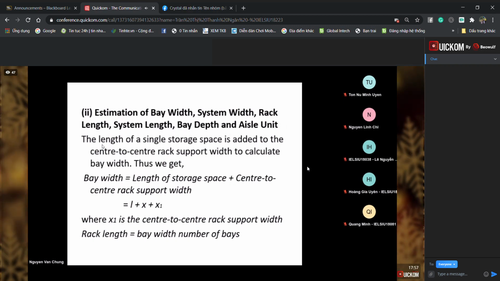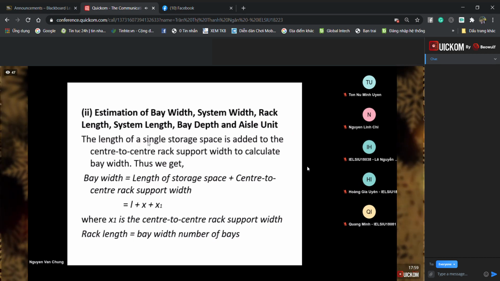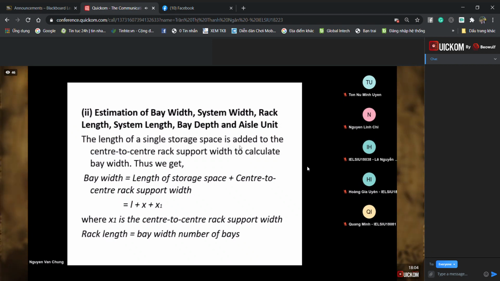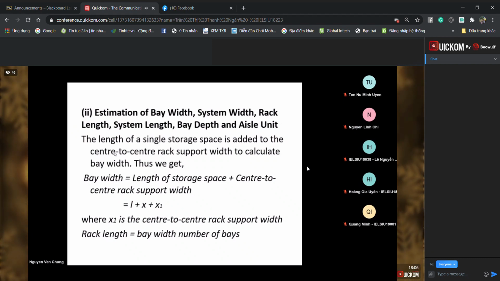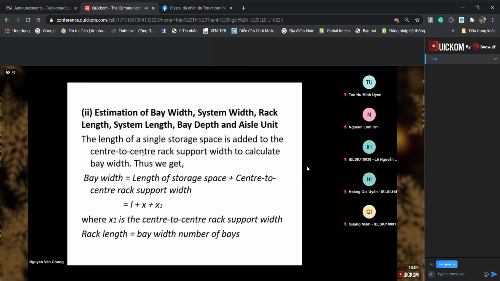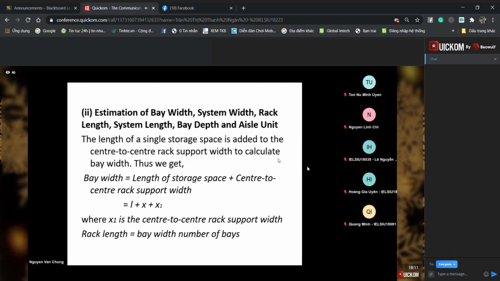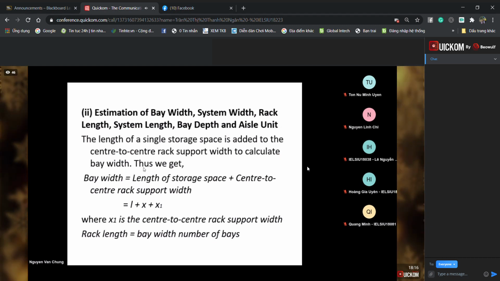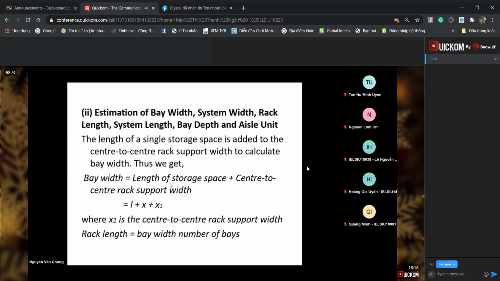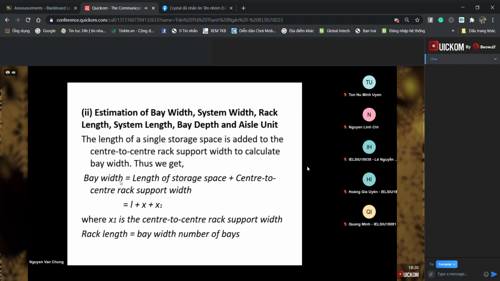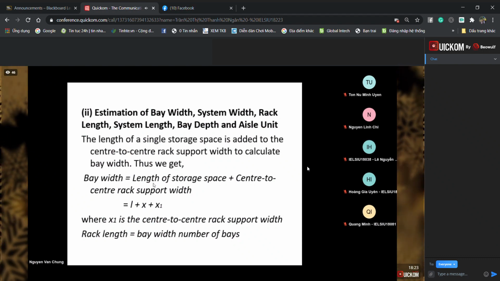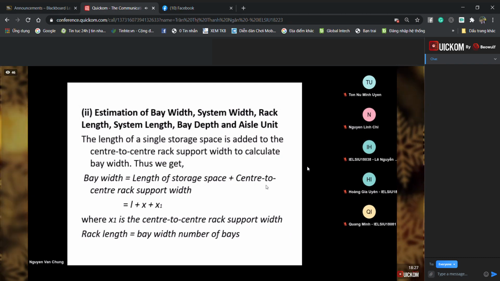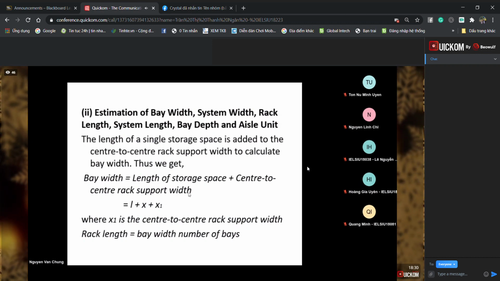Like I said, you have the length of the single storage space. The length of the single storage space is added to the send structure support with calculation by y. Thus we get bay y. This length equals the length of space plus send to send plus support y.